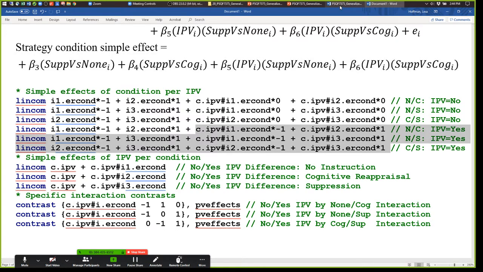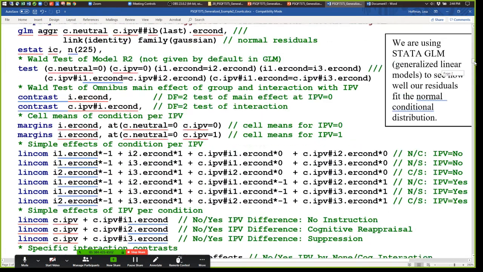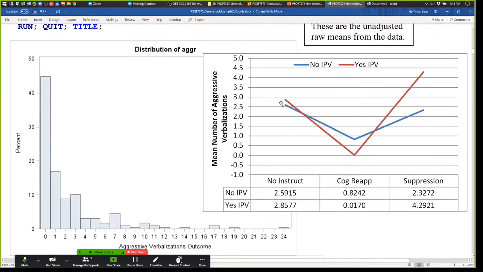Okay. Now going the other way. Back to my picture. What I have asked for are the slopes going from none to cog, from none to suppression, and cog to suppression. The other ones I don't have yet are the vertical differences between these lines.